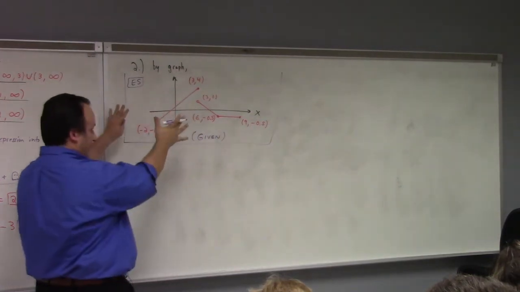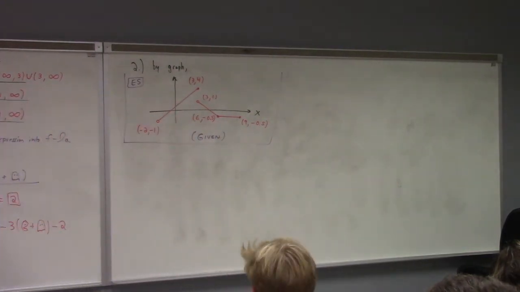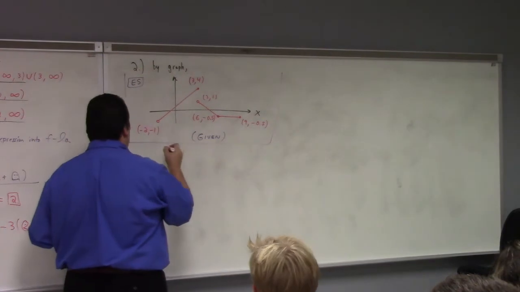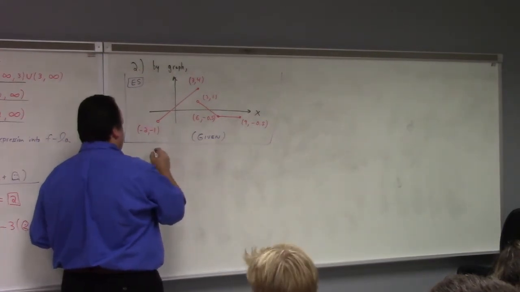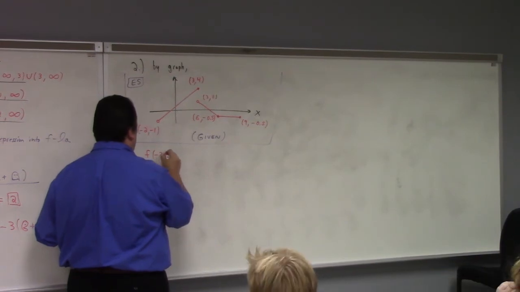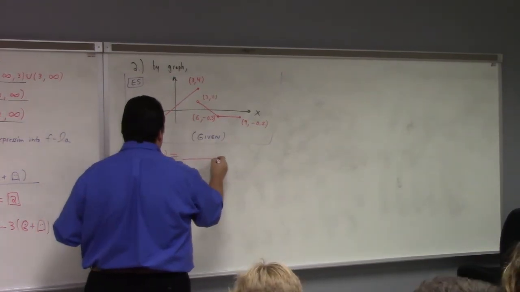So if you're given that, then we can ask a whole bunch of questions. We can ask what's the domain, we can ask what's the range, and then we can ask more specific questions. I'll start out with the specific ones here. F of minus 2 equals what?